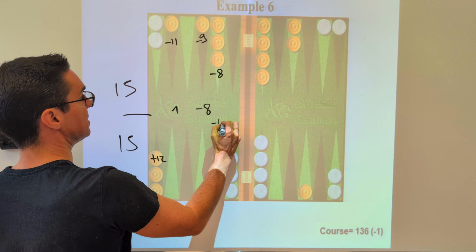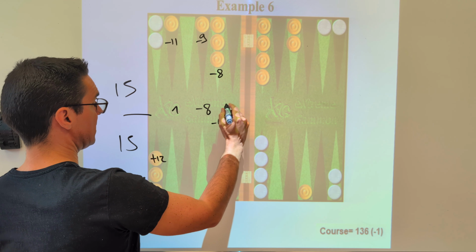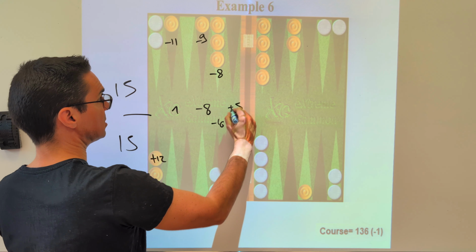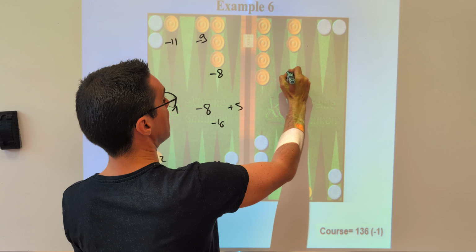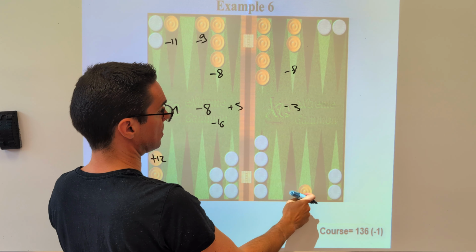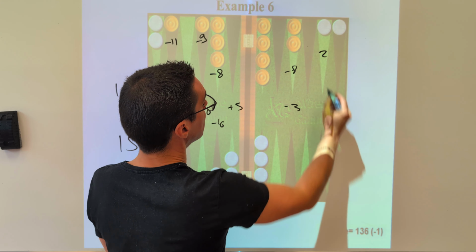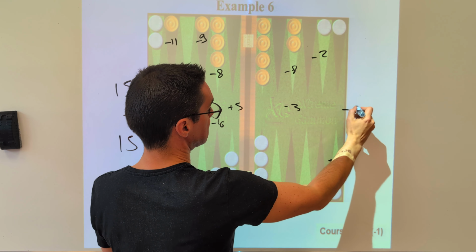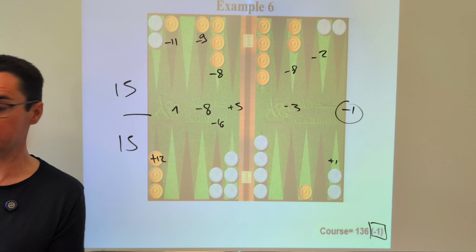Minus 8 is minus 16. Plus 7 times 3 is plus 21, so it's plus 5. These are equal. Plus 5 minus 8 is minus 3. Minus 3 plus 3 is 0. Minus 2 plus 1 is minus 1. And you have a pip count deficit of minus 1.